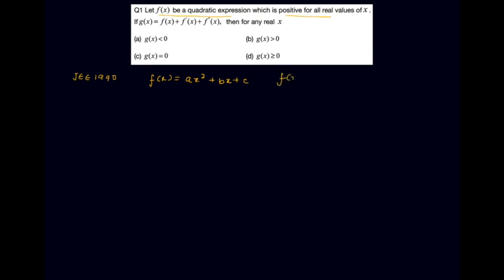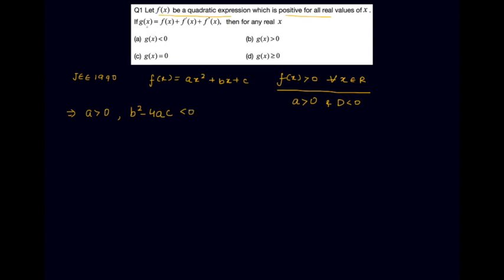So f(x) is greater than 0 for all values of x belonging to R. We know that in this case a should be greater than 0 and d should be less than 0. That implies a is greater than 0 and b square minus 4ac, which is the discriminant, should be less than 0.